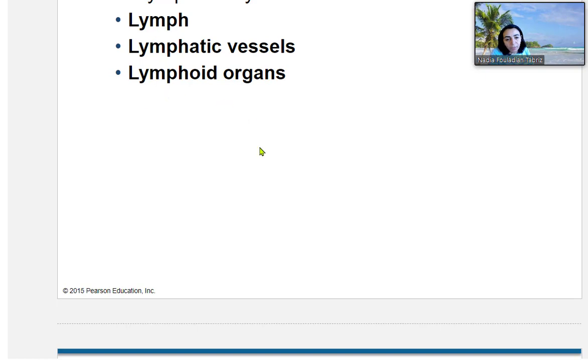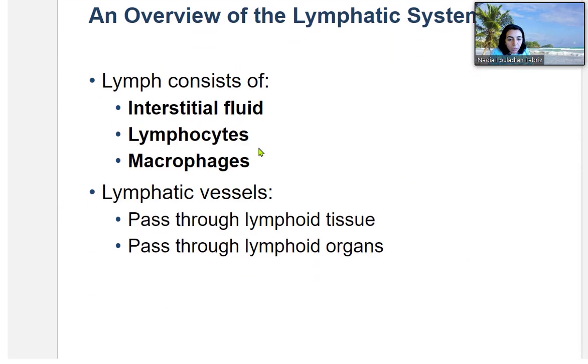And then lymphoid organs. So it talks about the lymph first, what it is composed of: interstitial fluid, some lymphocytes and macrophages. And the lymphatic vessels pass through the lymphoid tissues and lymphoid organs, the same way that you saw those vessels passing through a lymph node. That was one example, right?